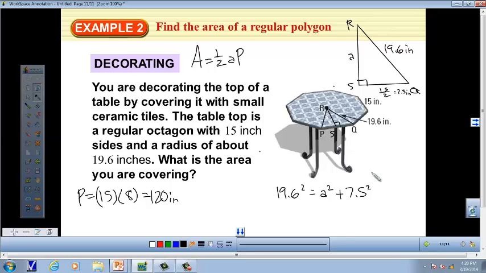And we'll get out our calculators, and we'll have 19.6 squared, which is 384.16, and that's equal to A squared plus 7.5 squared, which is 56.25.